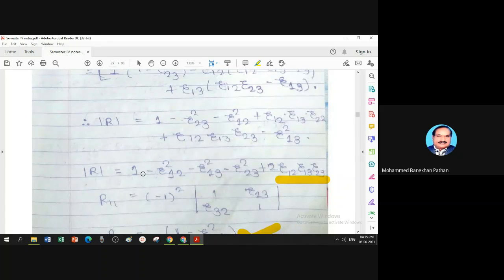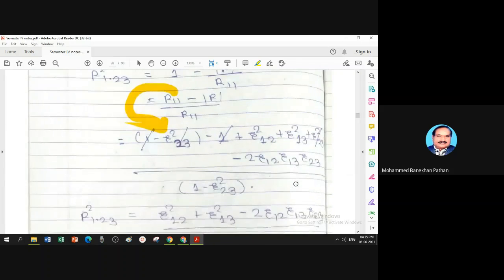1 minus the square of all correlations, plus 2 times the product of all correlations. So this I write here. It is minus, so 1 becomes minus, minus becomes plus, plus becomes minus.